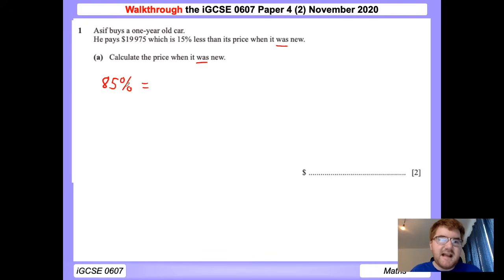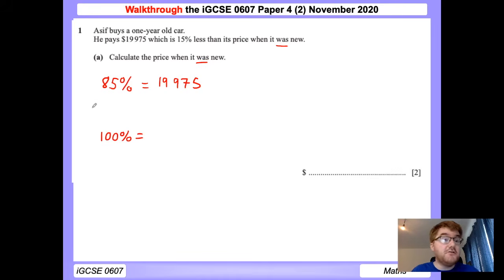So we can say that 85%, that's 100% minus 15%, is equal to the price that Asif bought it for, which is $19,975. What we want to find is 100%. We want to find the original price when it was new. So we need to find some way of going from 85% to 100%.